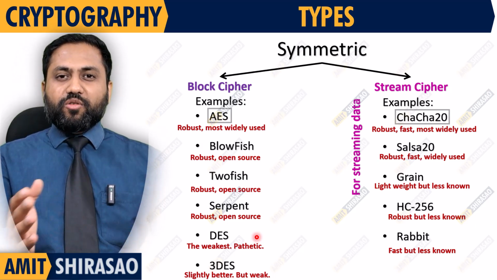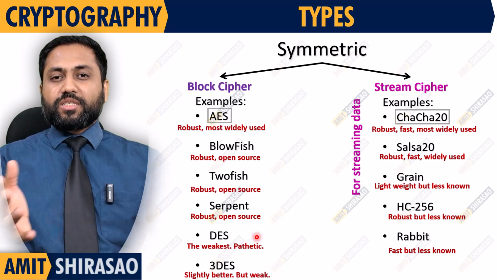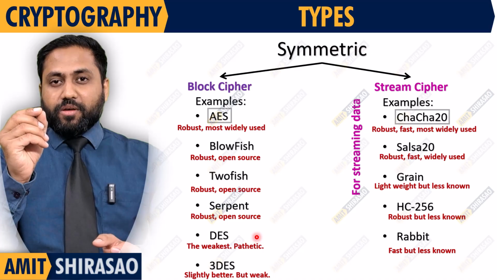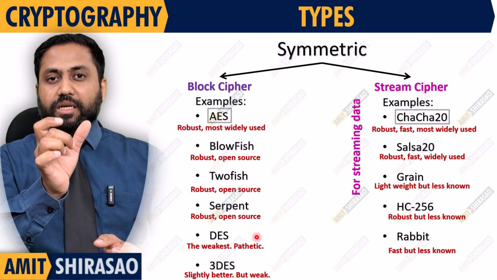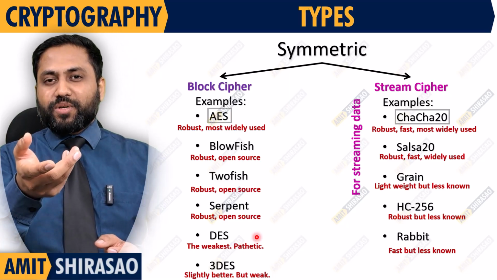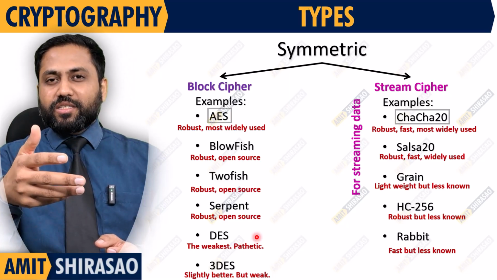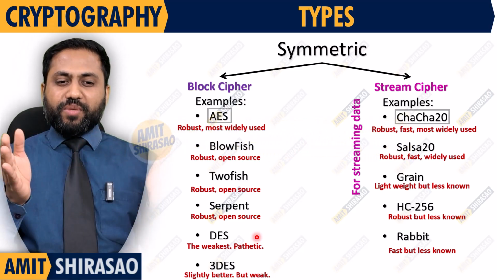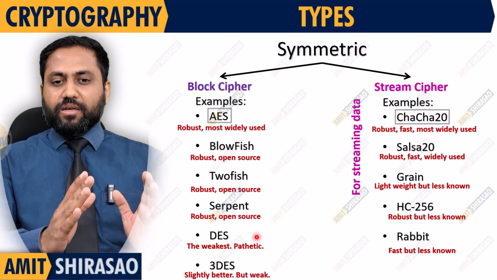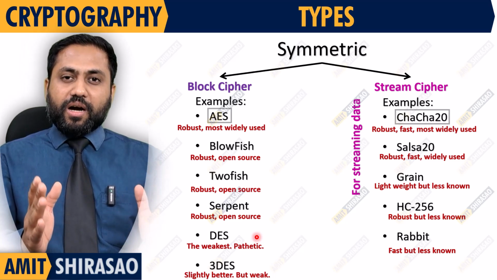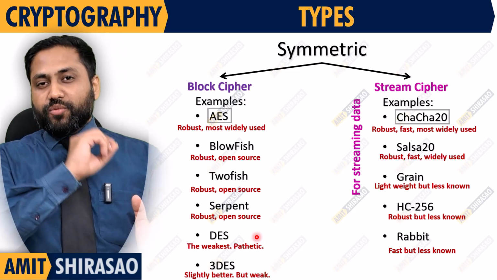Now how many combinations of such keys are there? How many such keys can exist? 2 raised to power 128. If it is a 128-bit key, then 2 raised to power 128. Why 2? Because binary digits are 0 and 1. If every bit can be 0 or 1, and there are 128 such bits, then the number of possibilities is 2 raised to power 128.